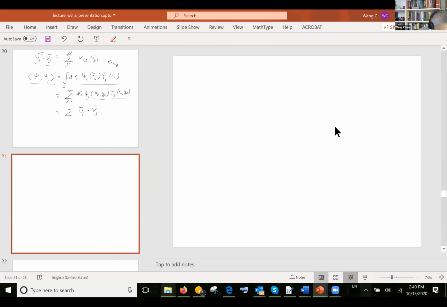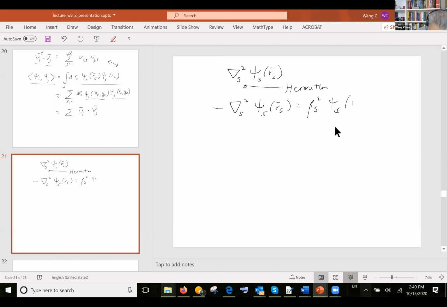If I can prove that this function is Hermitian, then I can show that all the modes that come from this equation have to be orthogonal, very similar to what happens.